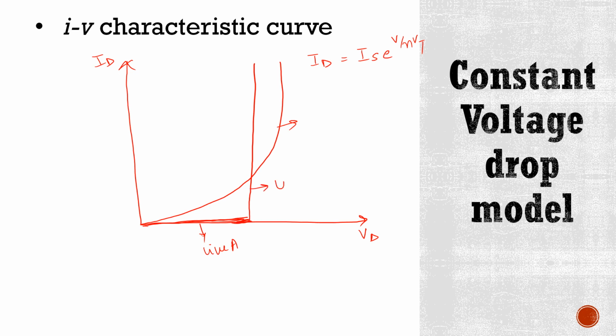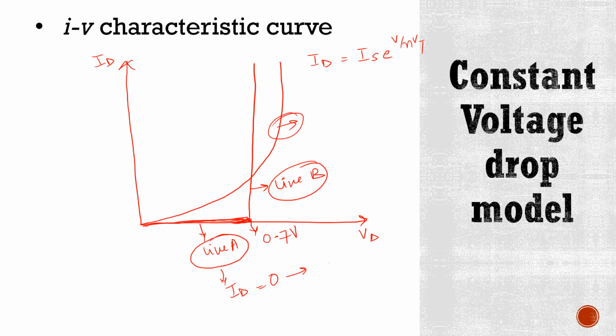this is line B. And as I have mentioned earlier, this model has a constant voltage drop value of 0.7 volts. So this is 0.7 volts. Okay, here this line B is approximating this exponential curve. Now look at line A. Here ID is equal to 0.